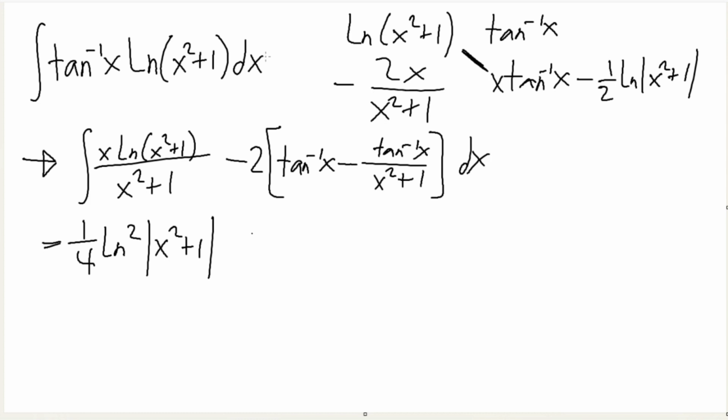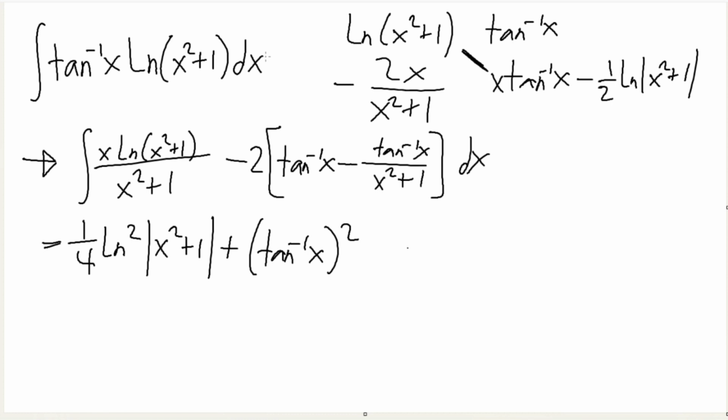And then here, this is the same integral as this, so we can actually factor it with this. I'll do this later. And then here, this is plus times 2. Let u equal inverse tangent of x. This becomes 2u du. So this is inverse tangent squared.